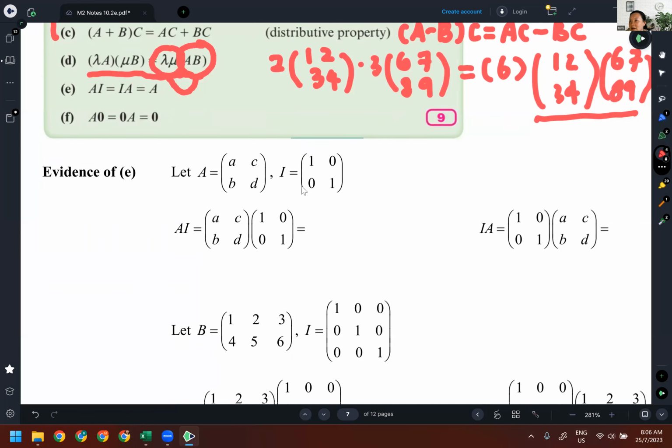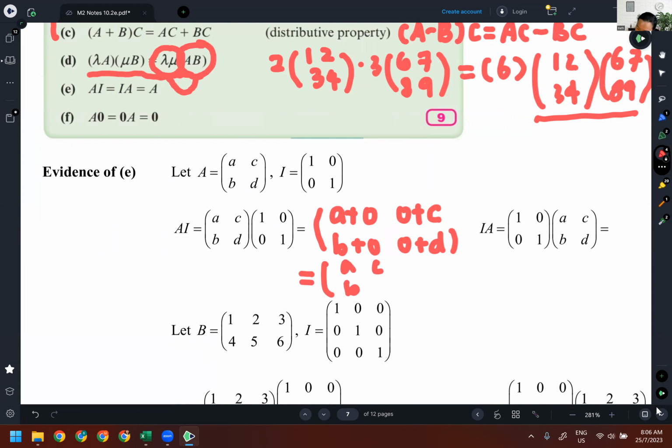This is a 2 by 2, and this is 2 by 2. So what is A times I? It's a plus 0, b plus 0, 0 plus c, 0 plus d. You see? It's a, b, c, d. A times I really is equal to [a, b, c, d] again.